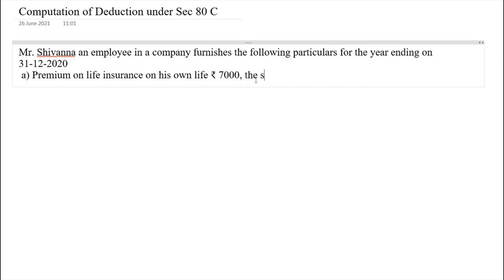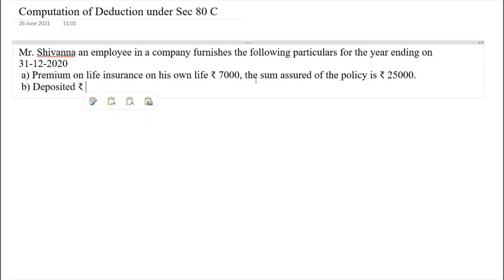The sum assured of the policy is rupees 25,000. The next, deposited rupees 50,000 in post office for a term of 7 years.